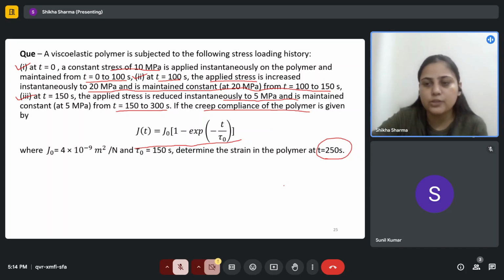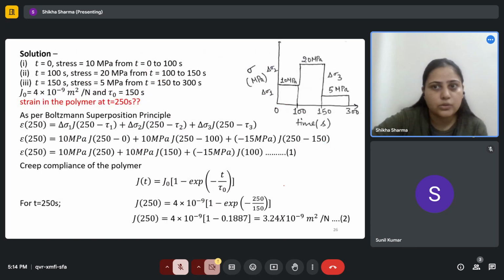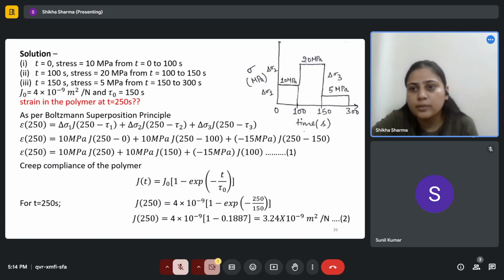So please, can we solve? First let's draw the curve. We take the x-axis as time and the y-axis as the stress in megapascal. From 0 to 100 seconds, 10 megapascal is applied.